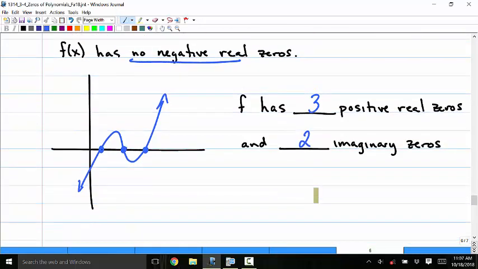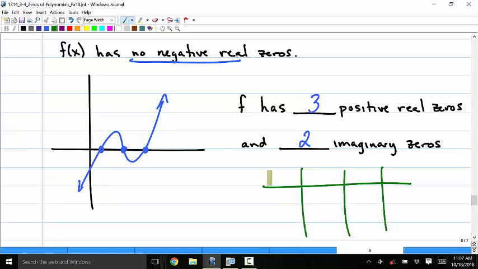Sometimes you will see a sign chart like this. These are positive real zeros, negative real zeros, imaginary, and then total.